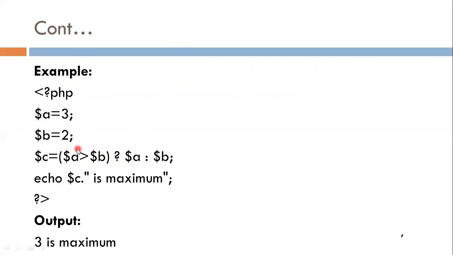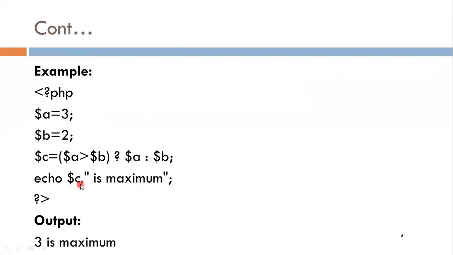But suppose this condition were false, then $b would be stored in $c. But in this case, the condition is true, so the value of $a is stored in $c. So the value of $c is 3. Now here $c means 3, then the concatenation operator, is maximum.